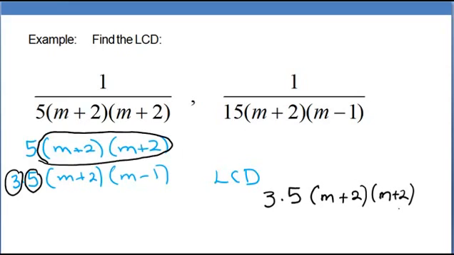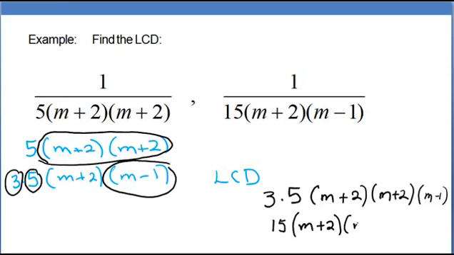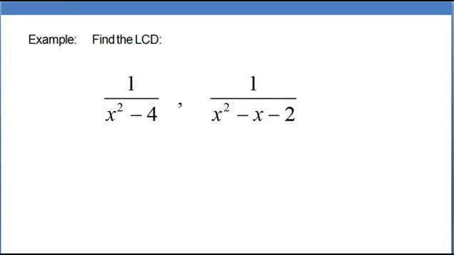And we have one other type of factor, the m minus 1. So we will also need it. And to multiply out, we will only multiply our constants. So 3 times 5, 15. We will leave the rest in factored form. So 2 copies of m plus 2 and an m minus 1. That is our LCD.